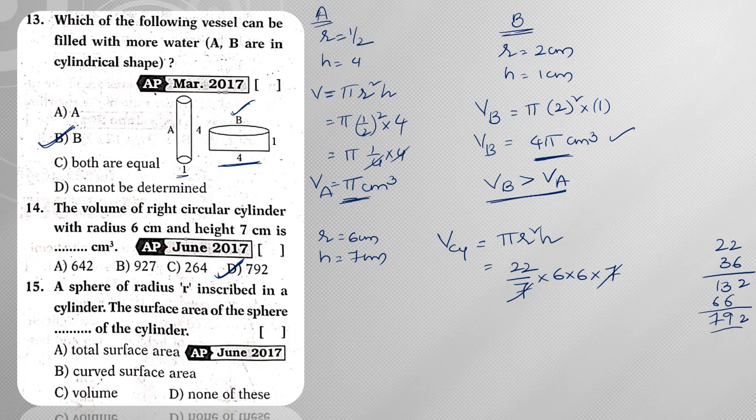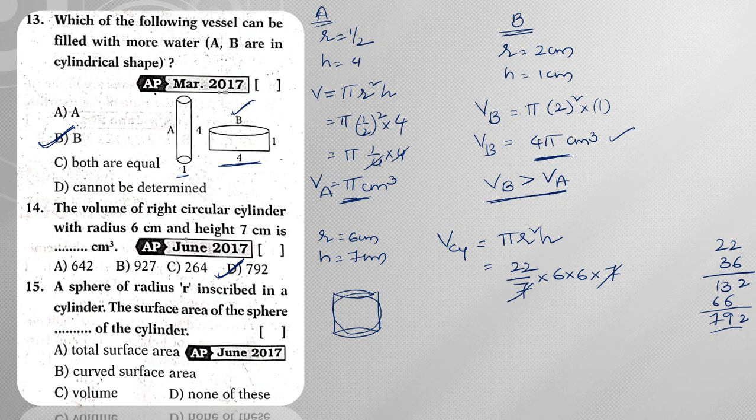A sphere of radius r is inscribed inside a cylinder. The surface area of the sphere is equal to dash of the cylinder. So what has he given? This is a cylinder, and inside the cylinder a sphere is kept.